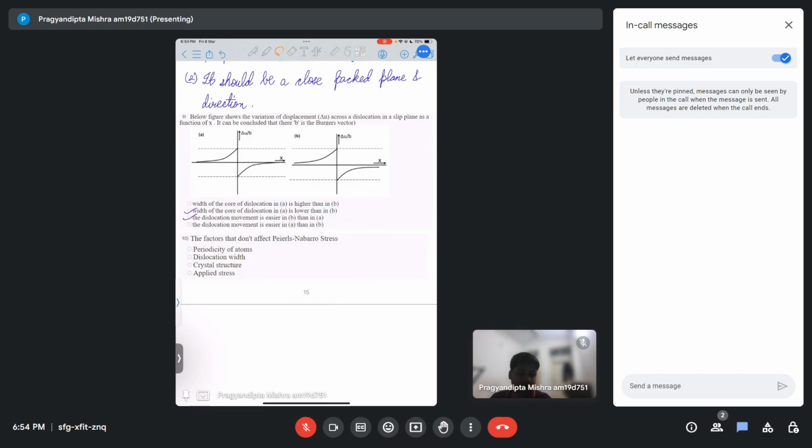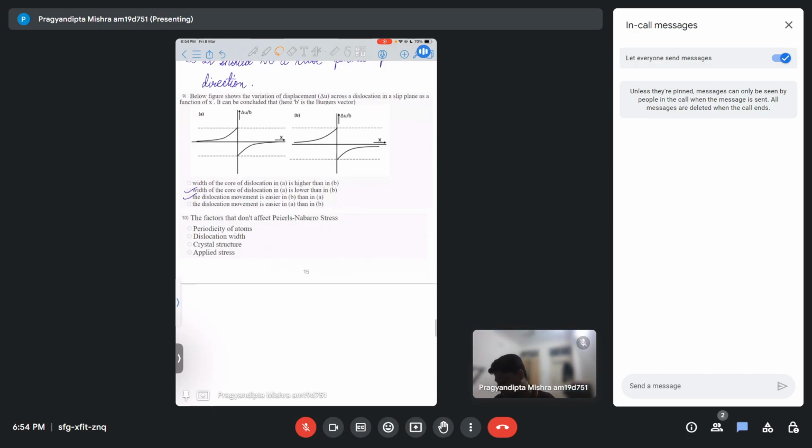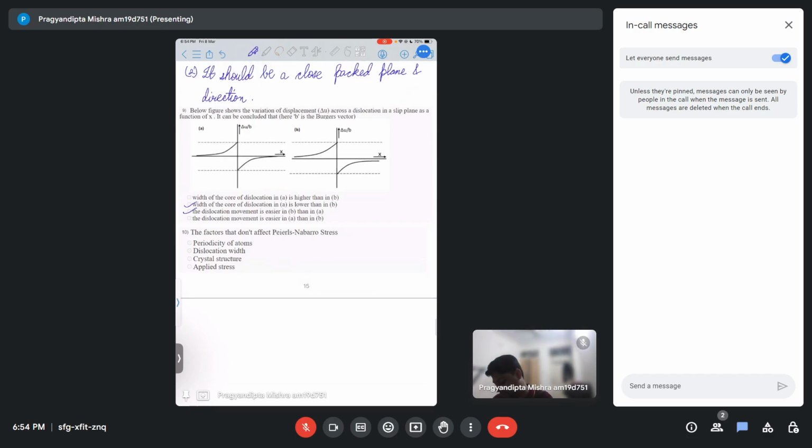Okay. So coming to the last question for today, the factors that don't affect Peierls-Nabarro stress. Is it periodicity of atoms, dislocation width, crystal structure, or the applied stress? Now, if you remember, what is the formula for Peierls-Nabarro stress?